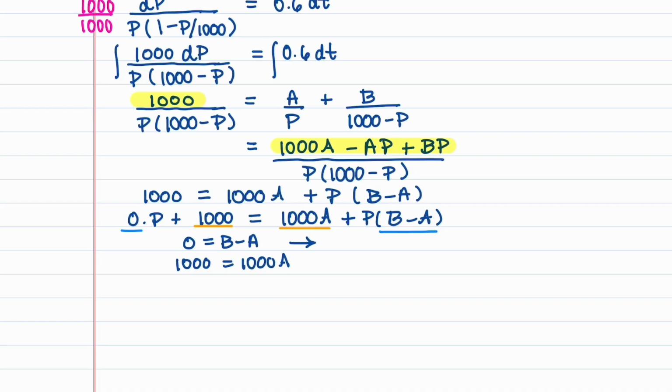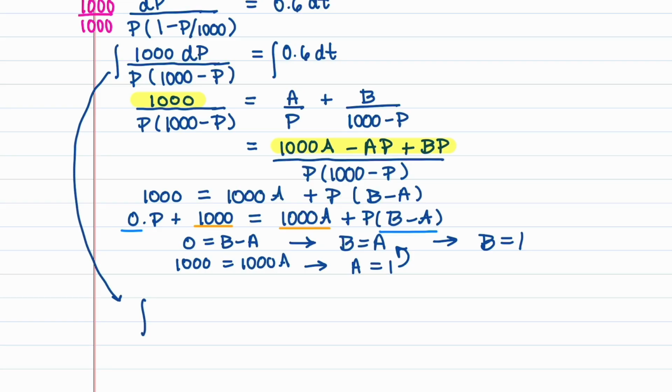This first equation tells us that B is equal to A, and then our second equation tells us that A is equal to 1, and we can plug that back into our first equation, and this tells us that B is also equal to 1. Now we can rewrite this integral into these two pieces.